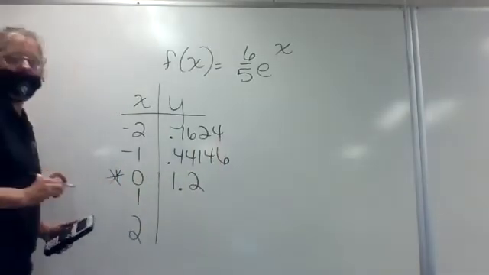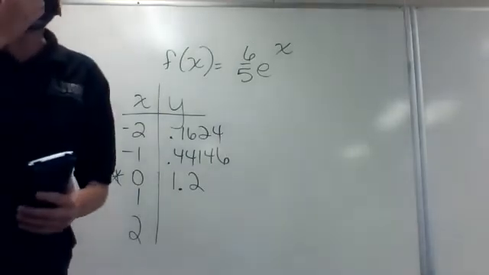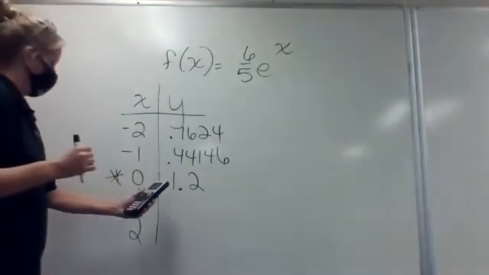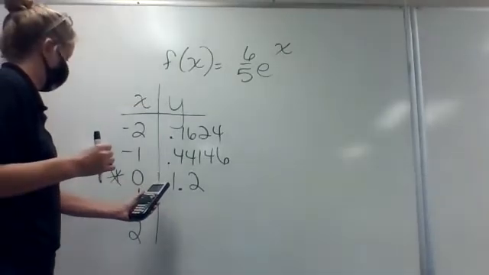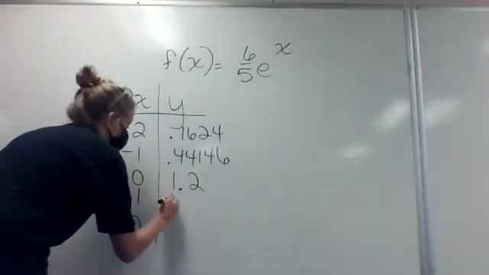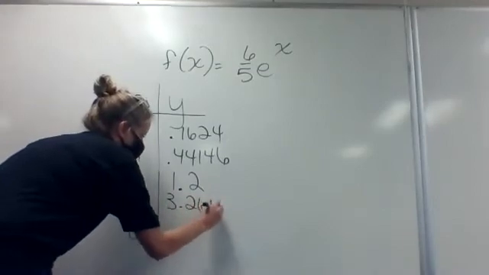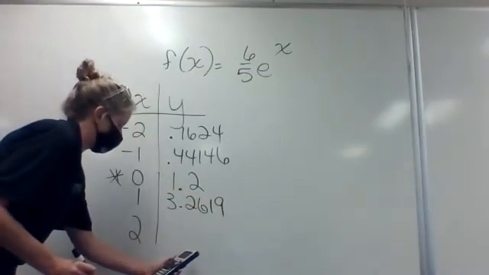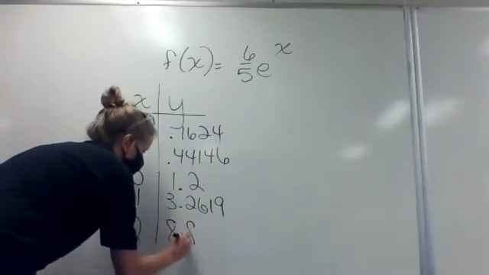Again, that's going to be your y-intercept. That's going to be the one that's actually going to be able to distinguish between the two. 1 goes with 3.2619. And 2 goes with 8.8669.